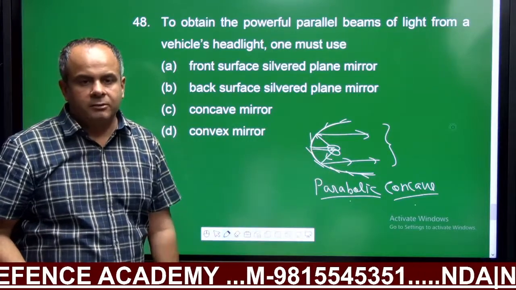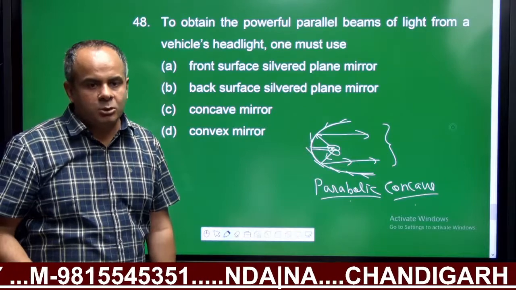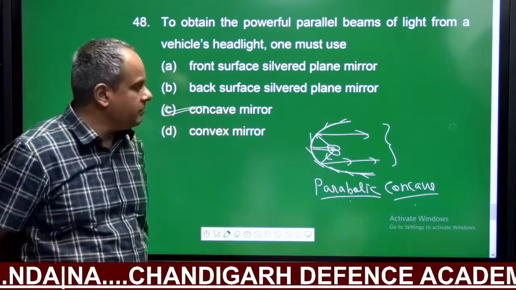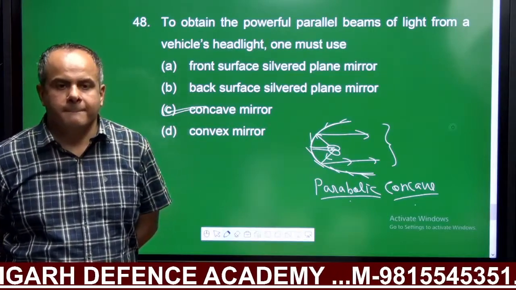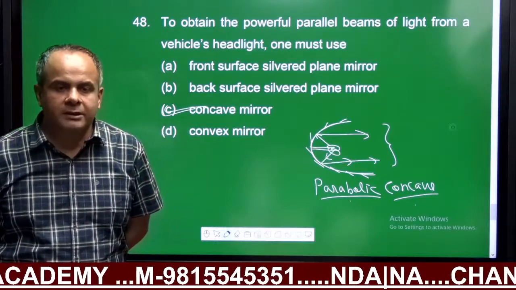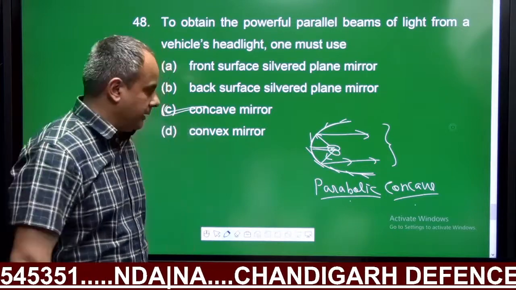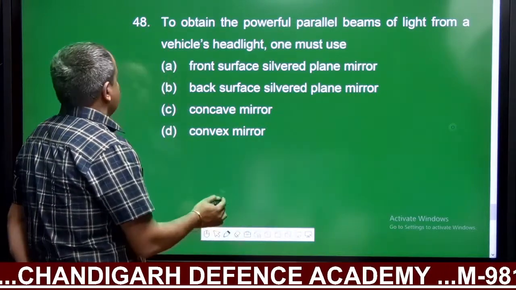So the answer would be, one must use concave mirror. It is curved inwards. Okay? No plane mirror, no convex mirror. It is concave mirror that we use. चलिए, यहाँ पे भी मेरे को clear का sign मिल गया. Let's move to the next question.